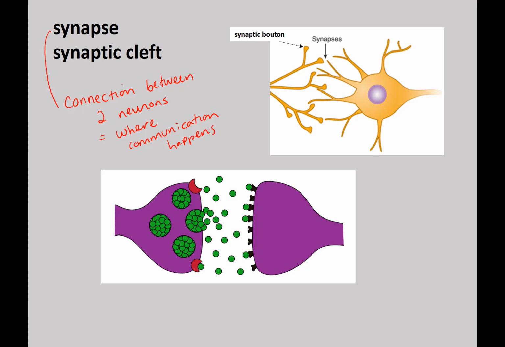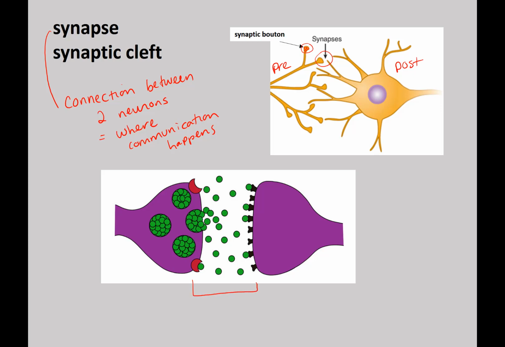At the end of some of these axons, you get this little bulb called the synaptic bouton, which is French for button. We'll see that in chemical synapses, this is full of vesicles with neurotransmitters. The synapse right here is this area between the presynaptic and the postsynaptic neuron.